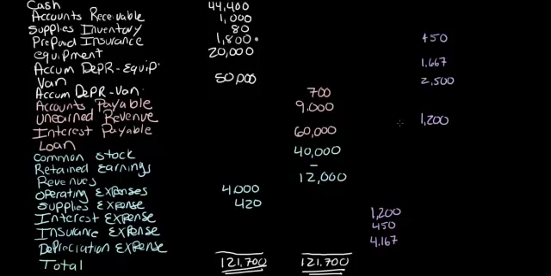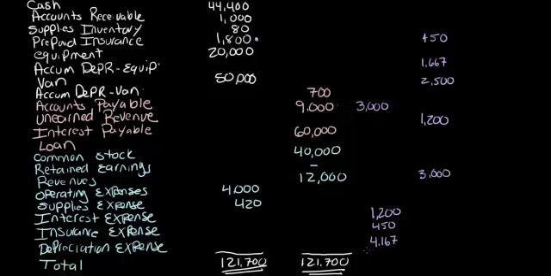And the last adjusting journal entry we need to make is to unearned revenue. We are going to debit our unearned revenue account for $3,000, and we're going to credit the revenue account for $3,000.